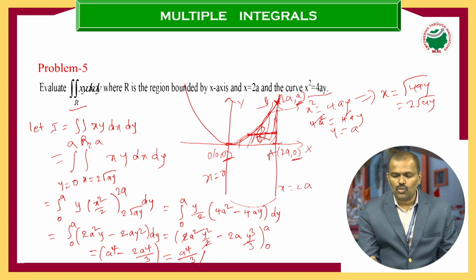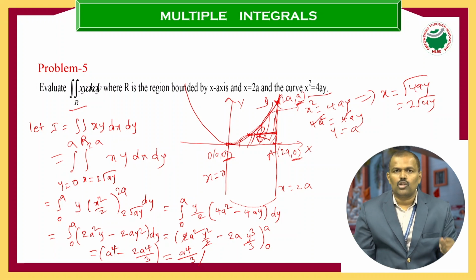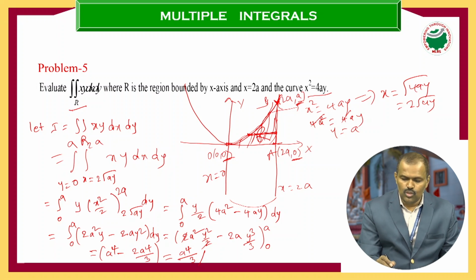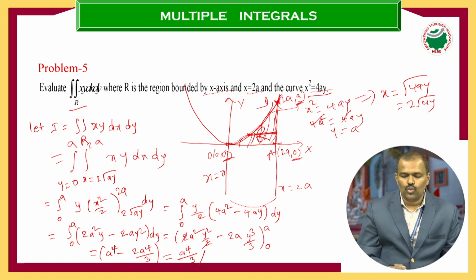This parabola is x square is equal to 4ay, so x is equal to root 4ay, that is 2 root ay. We got the lower limit. Coming to the upper limit, these are the two edges. One edge lies on the parabola, one edge lies on the line x is equal to 2a. So the upper limit is x is equal to 2a.